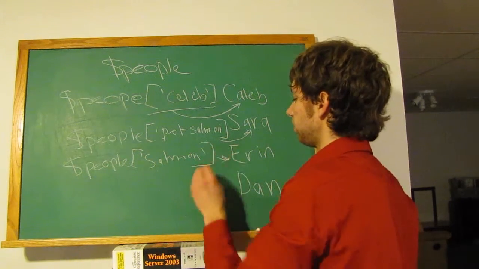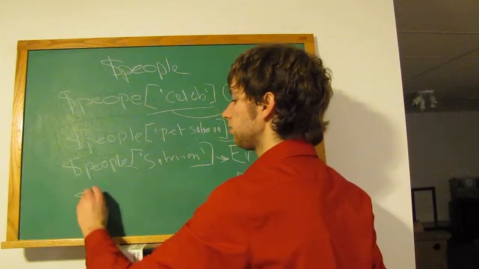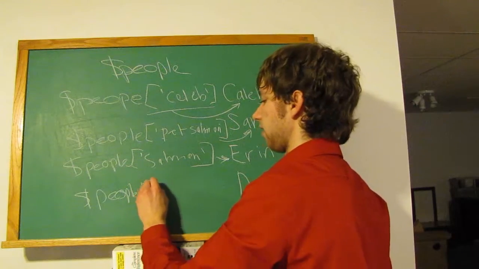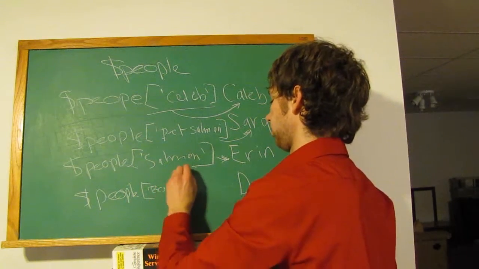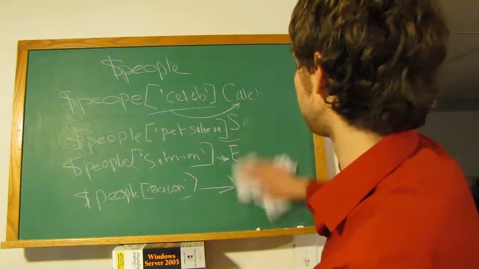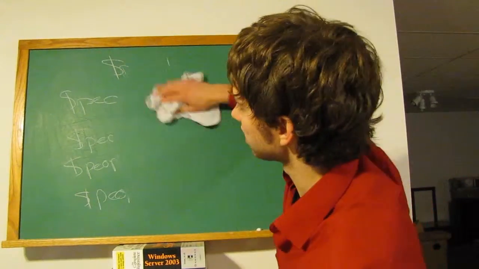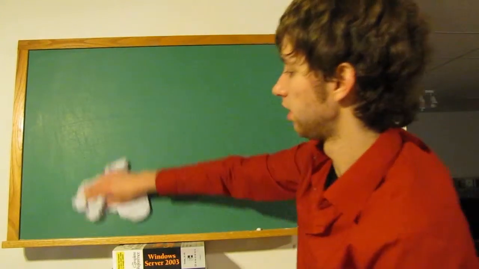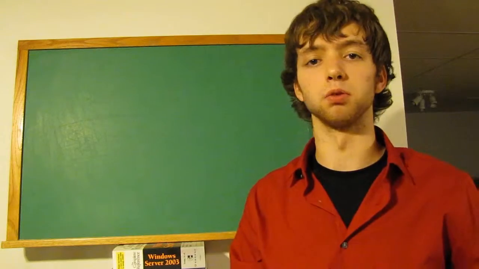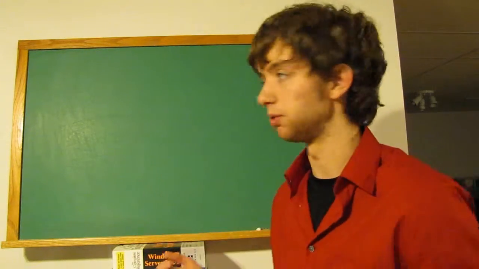And this would point to the value Aaron. And then we could have another one, people, I think you guys get the point. And then we could have bacon, and that's going to point to Dana. So that is an associative array. Basically the only difference is that in an indexed array, a number points to a value. In an associative array, a string points to a value.